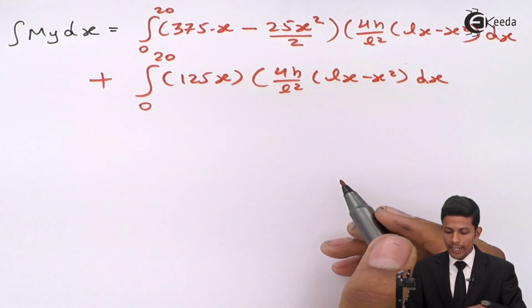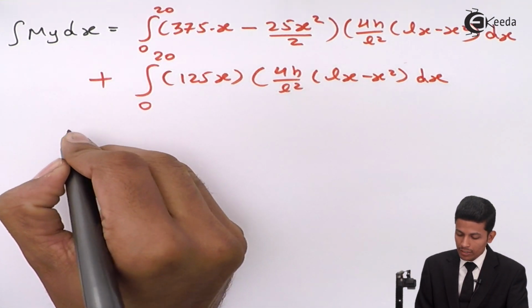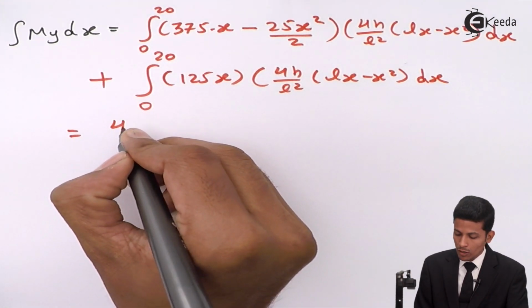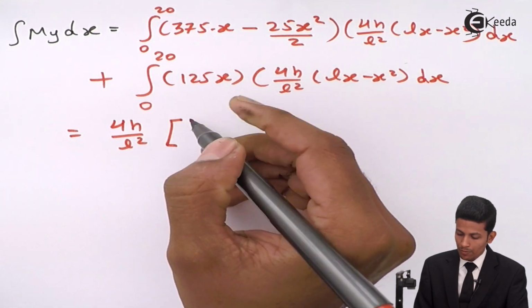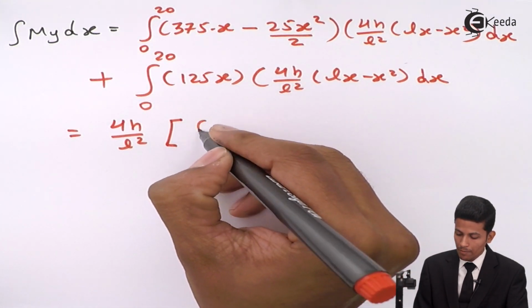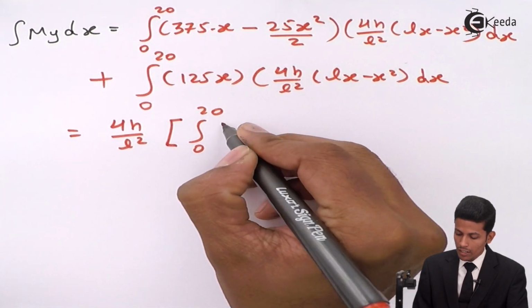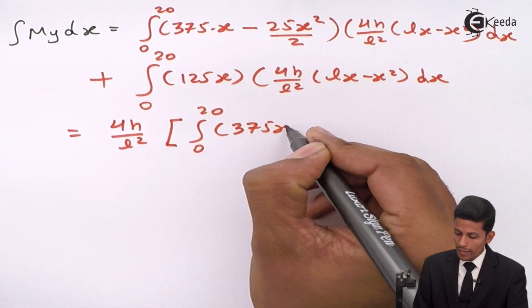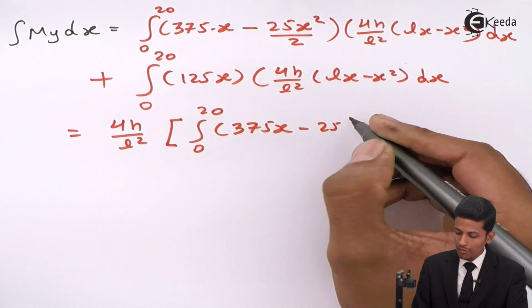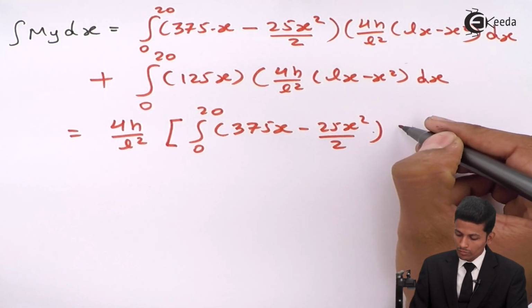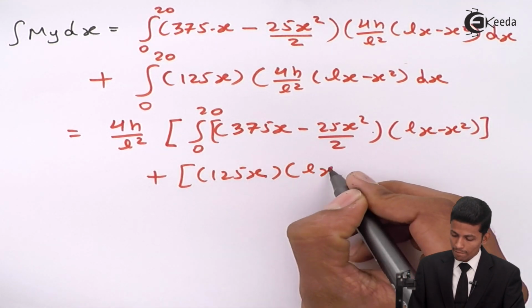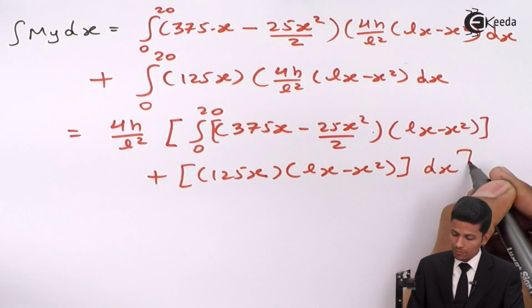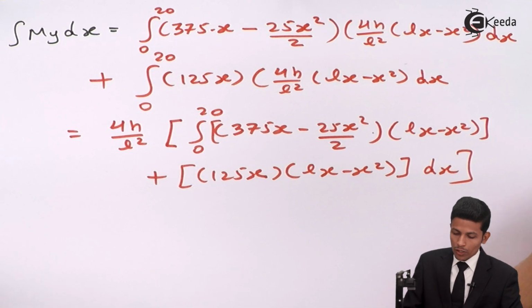Okay, now after that remove the brackets, take the constant outside. 4h/l² from both of them, 0 to 20, 375x minus 25. Okay, now you can solve it.